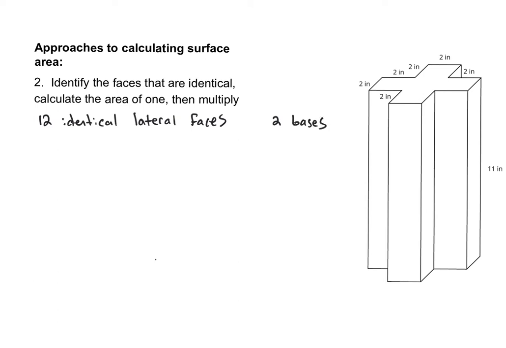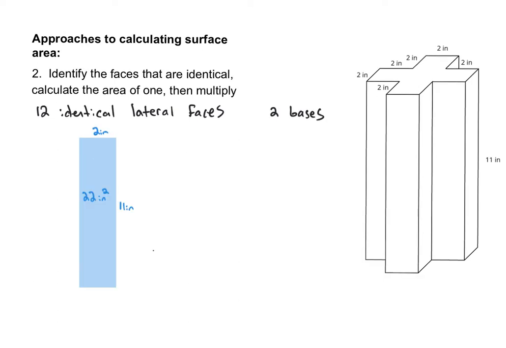We've already established that each of those lateral faces are 22 inches squared. So we could say that our lateral surface area is equal to 22 times 12, or 264 square inches.